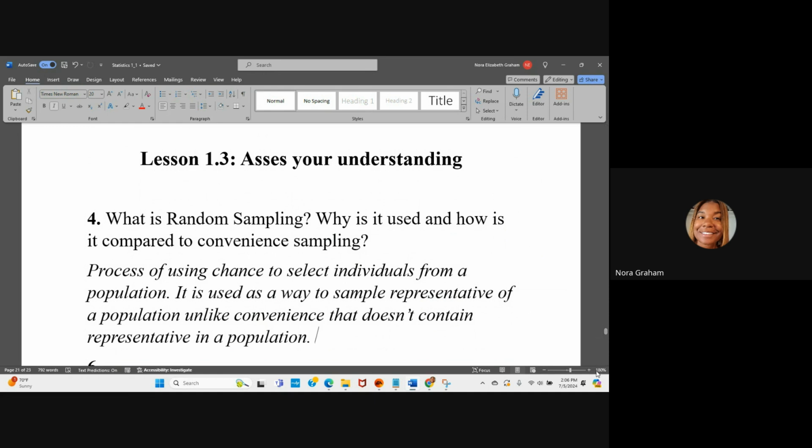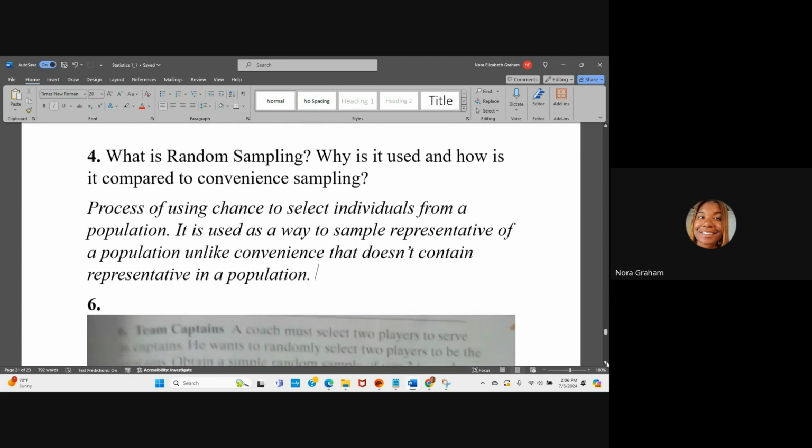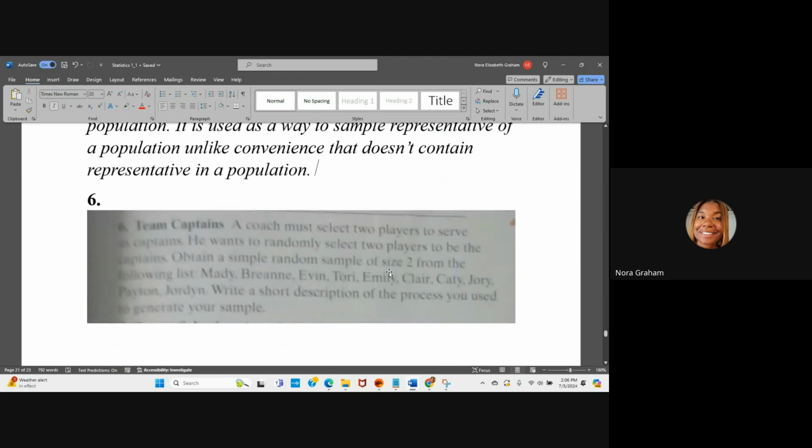Okay. So let's go ahead and look at 6. Again, if you have this book, sorry it's a little blurry, you can read from there, but I'll read it to the best of my abilities. So team captains. A coach must select 2 players to serve as captains. He wants to randomly select 2 players to be the captains. Obtain a simple random sample of size 2 from the following list.